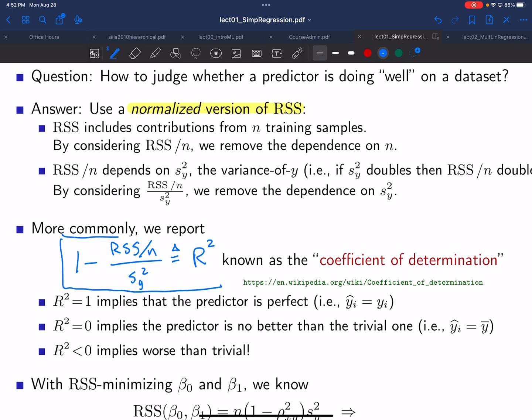R squared is called the coefficient of determination. There's a longer story to why it has that name. It's a bit more complicated. You're welcome to read up on it on your own. It's given in the Wikipedia link here. But I'm not going to get into that definition and exactly what's meant by that.